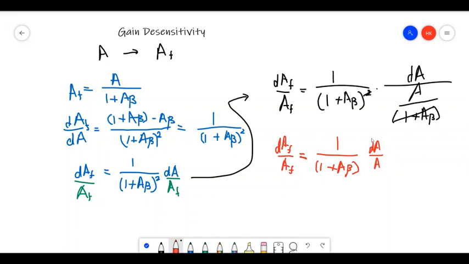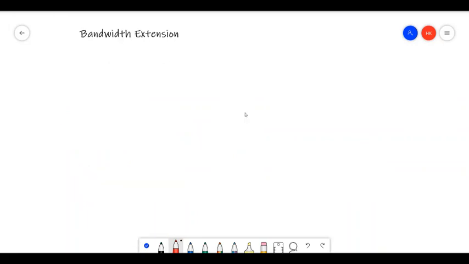So this means that a larger percentage of change in the open loop gain will be a smaller percentage of change in the closed loop gain. The open loop gain change will be divided by this factor of 1 plus A beta. So this is what gain desensitivity is, and it's an important property of negative feedback.